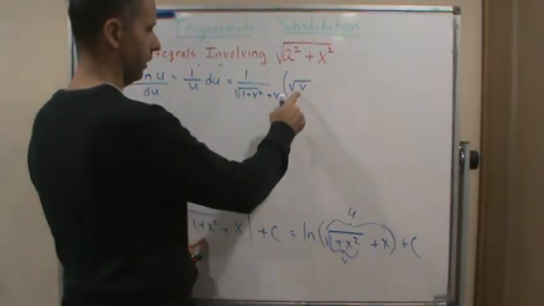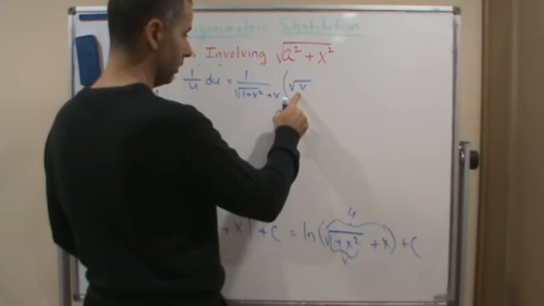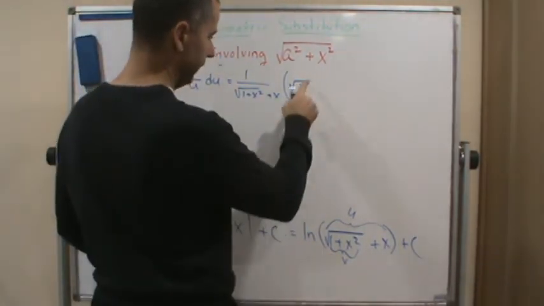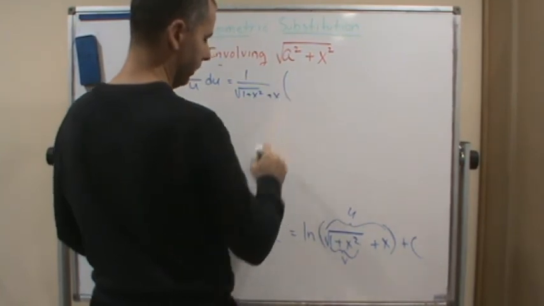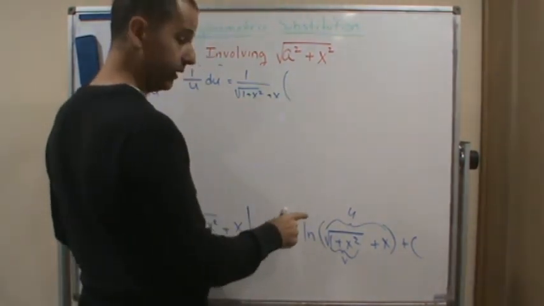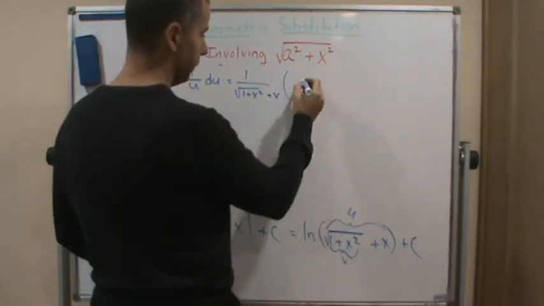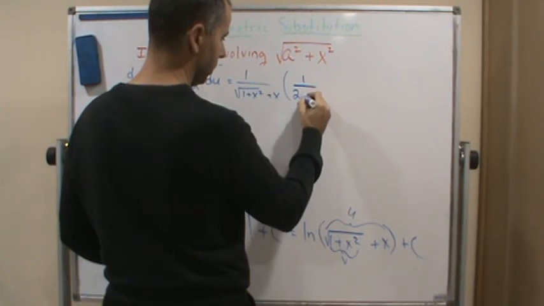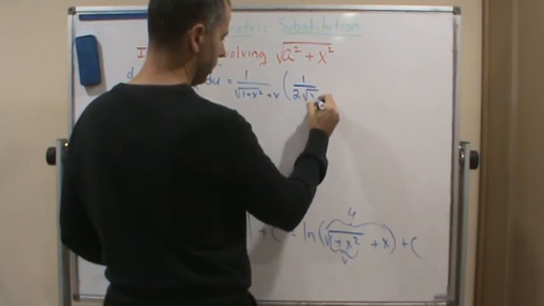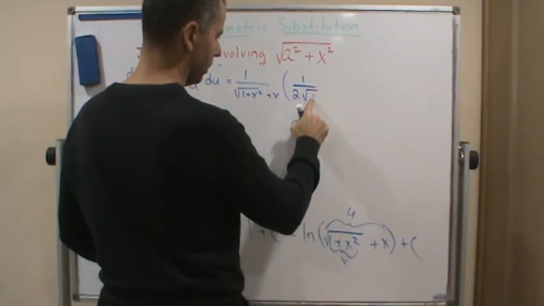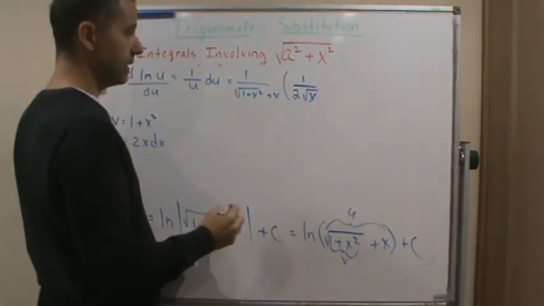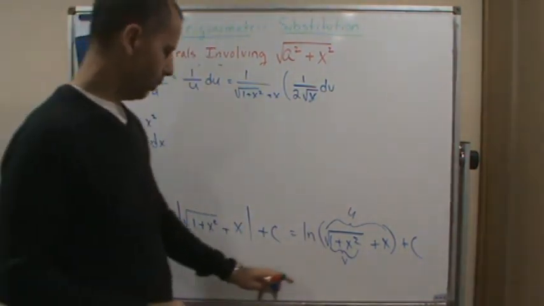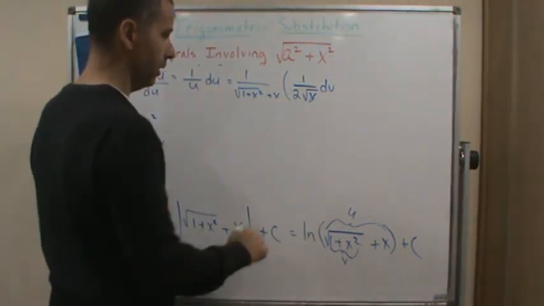We get the derivative of this. Okay, so what's the derivative of the square root of v? Okay, the derivative is going to be, what? It's going to be 1 over 2 square root of v times dv. Okay, now, what's the derivative of v?